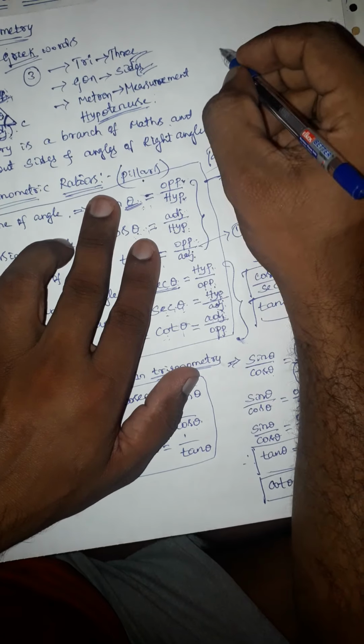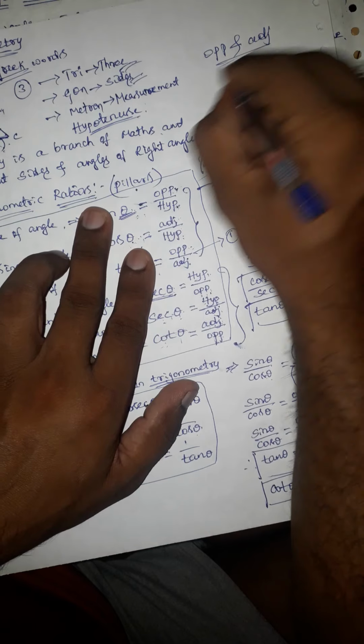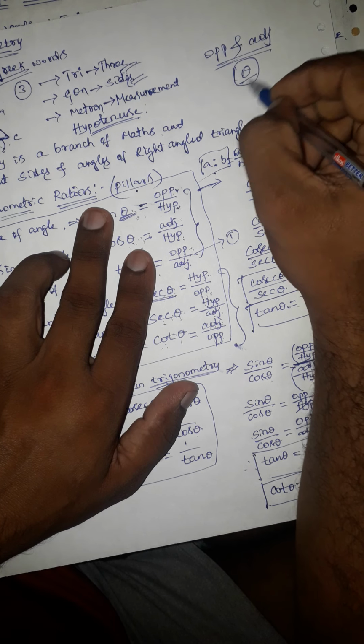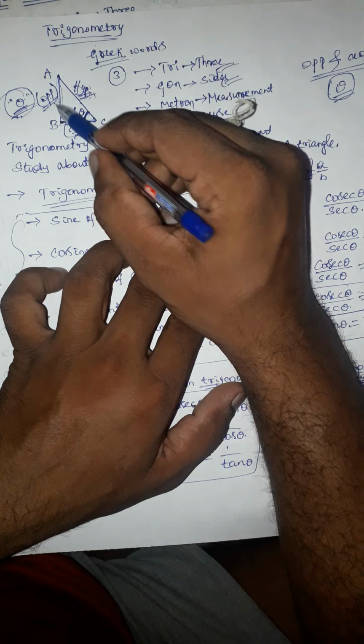The other two sides, opposite and adjacent, depend upon theta. If we mark angle C as theta, then AB is the opposite.